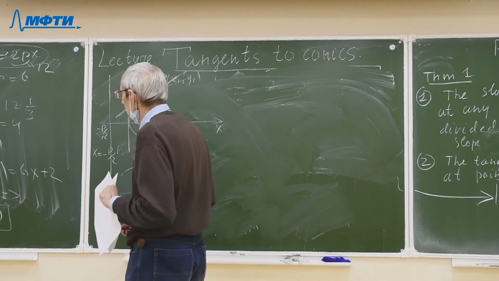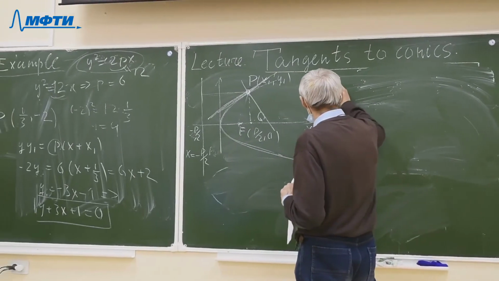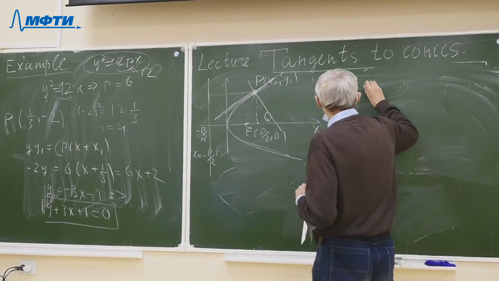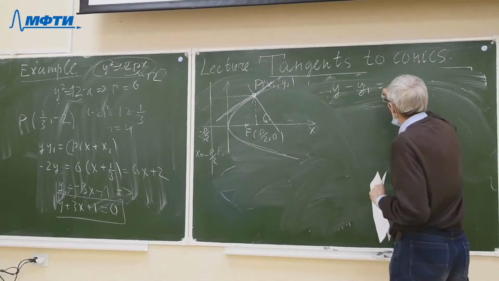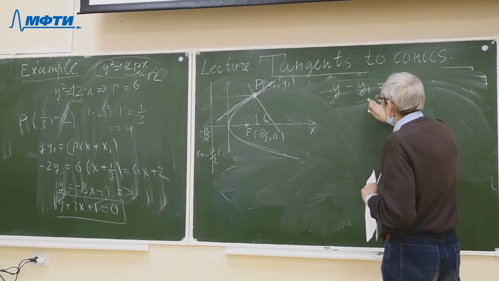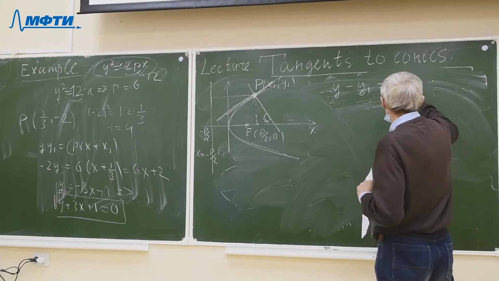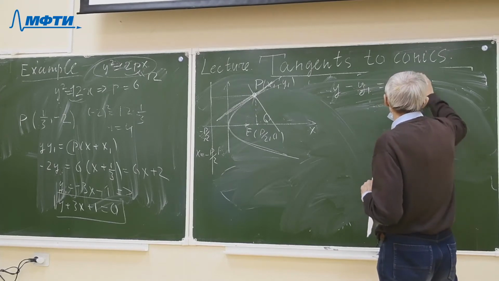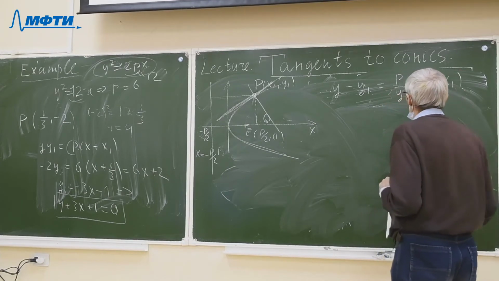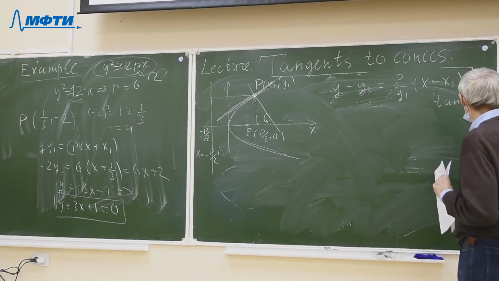Easy to see, if the equation of the tangent is y minus y1 is equal to the ratio p over y1 times x minus x1, the tangent line.